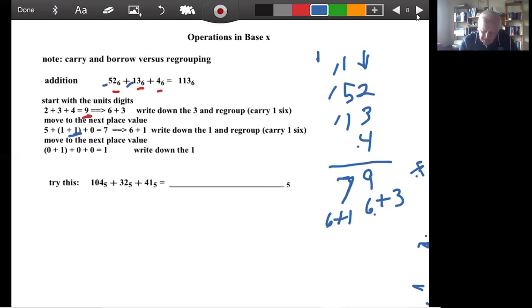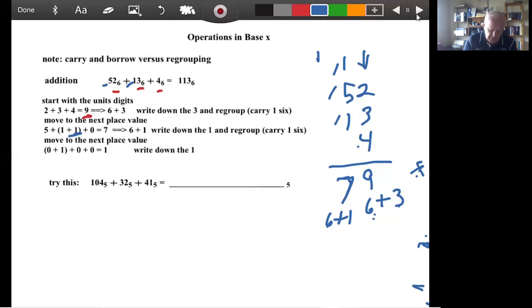So this becomes a 6 and a 3, and this actually becomes a 6 and a 1. And so you end up with the 1, 1, 3 idea that we had over here. Okay. So that goes in. All right, let's try this one down here below.